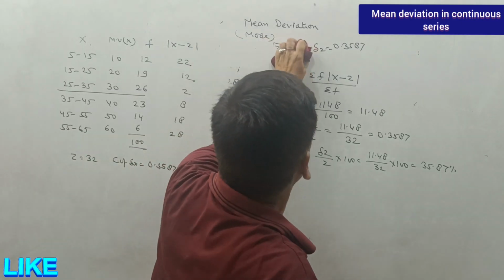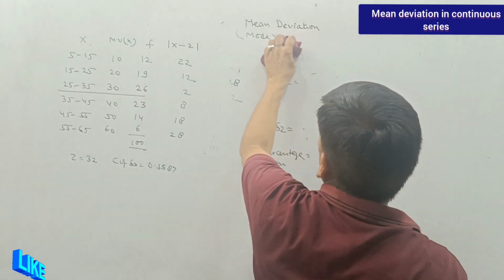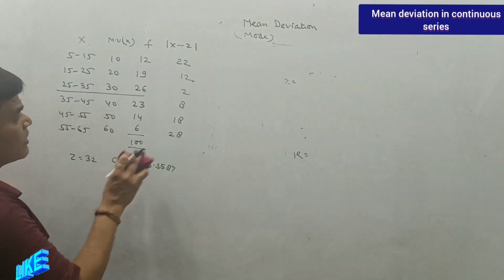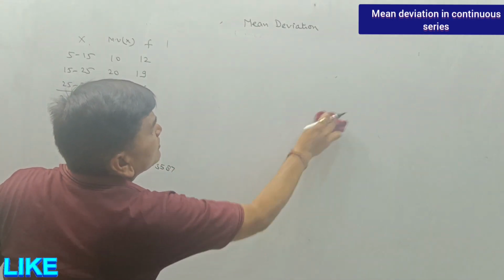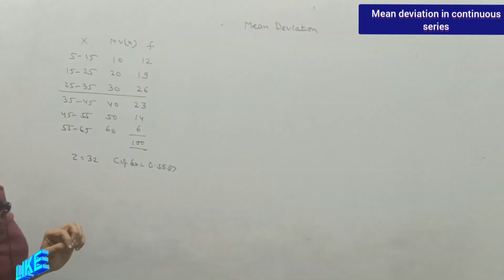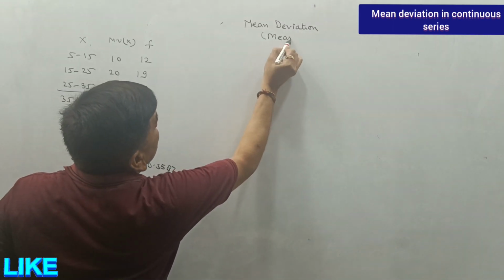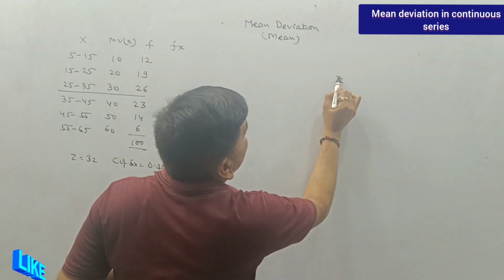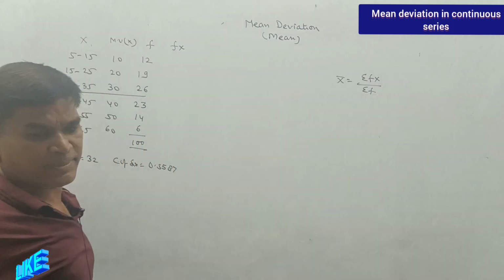Now we can also calculate the mean deviation with the help of arithmetic mean. First we calculated from the mode, second from the mean. For mean, f x is required: sigma f x divided by sigma f for calculating arithmetic mean.